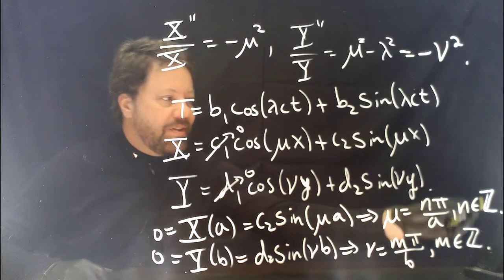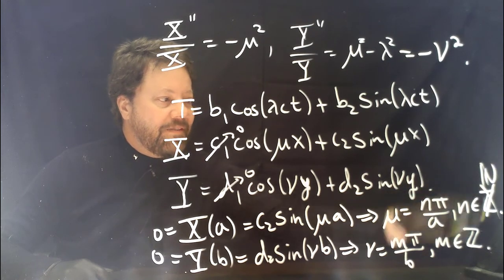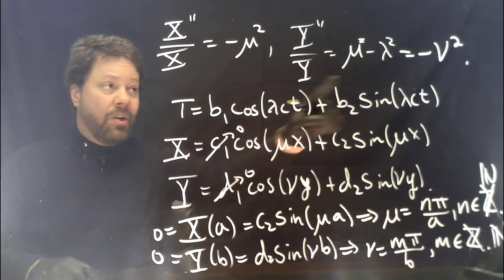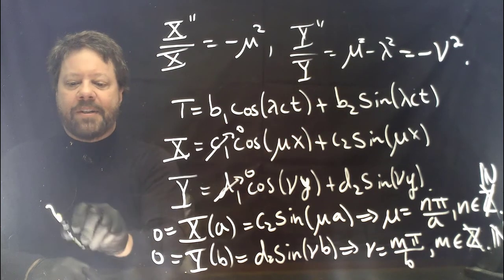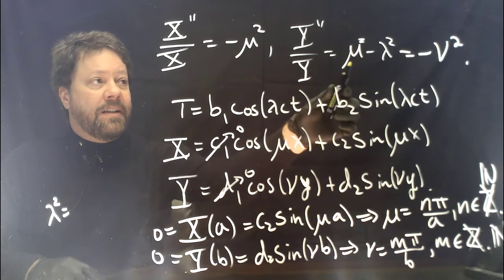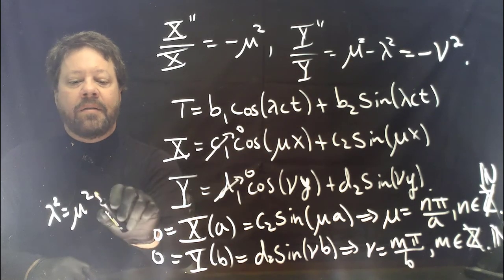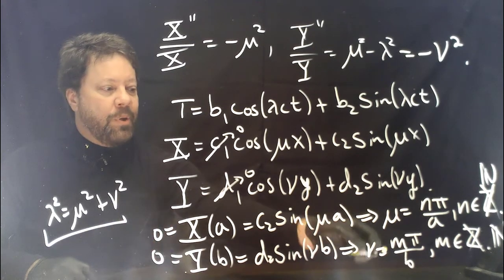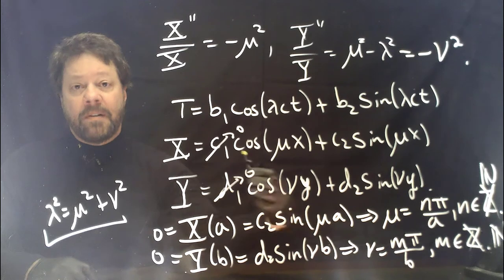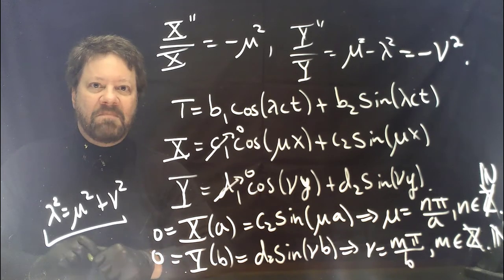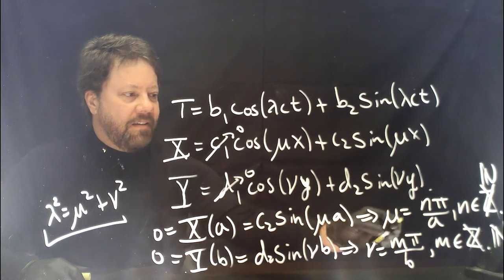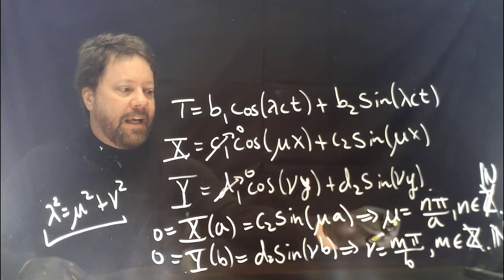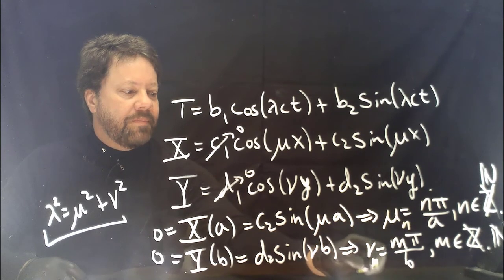Because of symmetries, we can allow these to be an element of the set of natural numbers. Note also that lambda squared is mu squared plus nu squared. And if mu and nu take these forms, that gives us a formula for lambda as well. Since these mu's and nu's will depend upon the integers n and m, we can give them little subscripts.